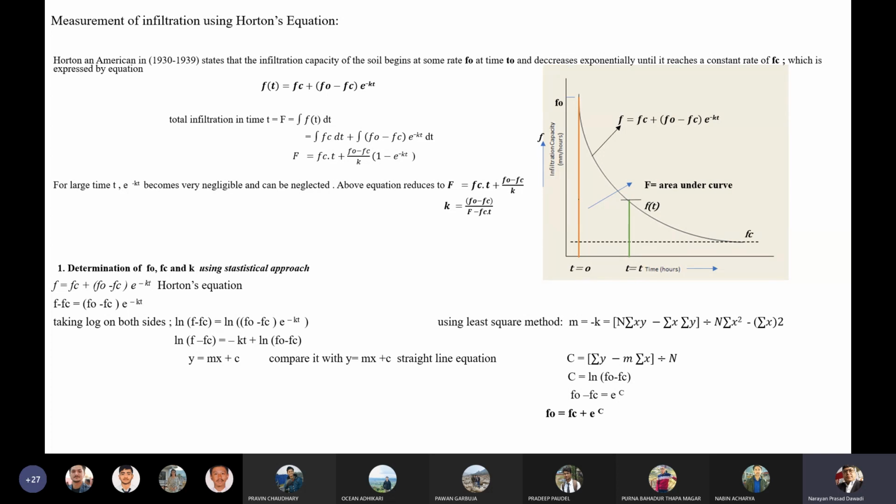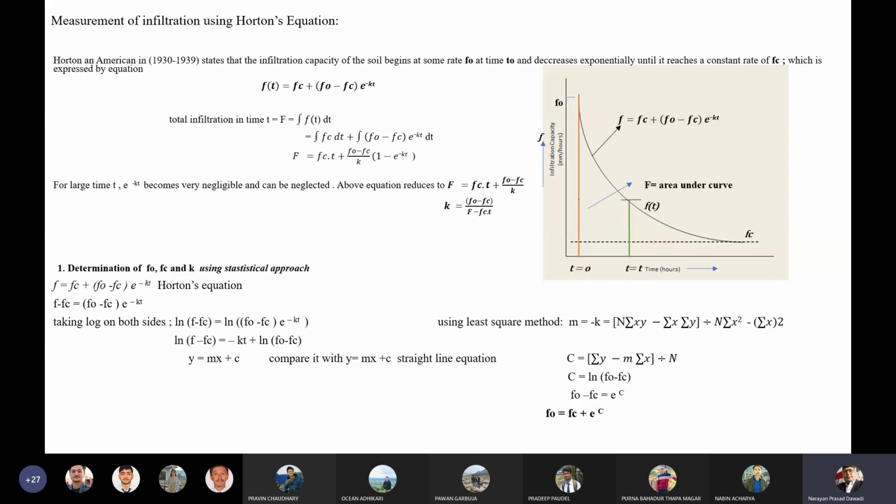If you compare this equation with y = mx + c, the equation of a straight line, then y = ln(f - fc), m = -k, x = t, and c = ln(f0 - fc).